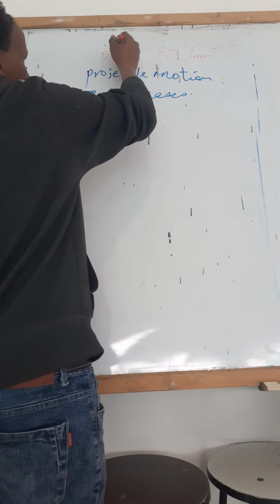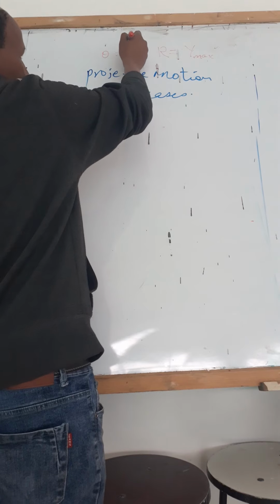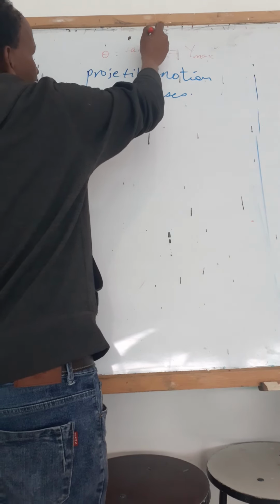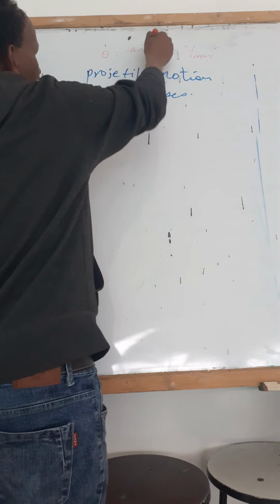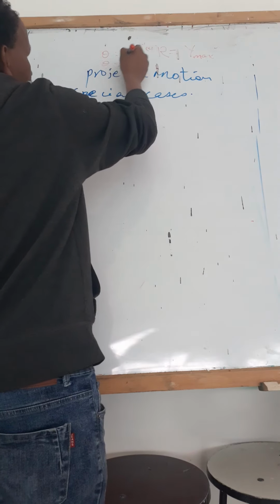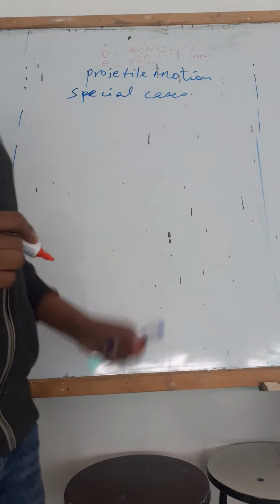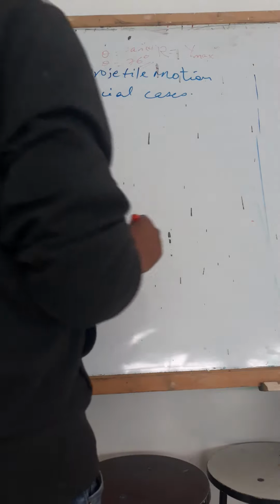We calculated theta to be tan inverse of 4, and theta is about 76 degrees. So when you project an object into air at angle theta of about 76 degrees from the horizontal, you will have equal horizontal and vertical displacements.